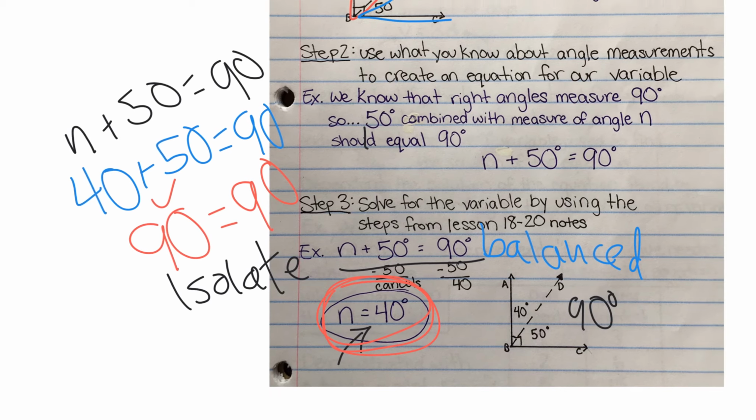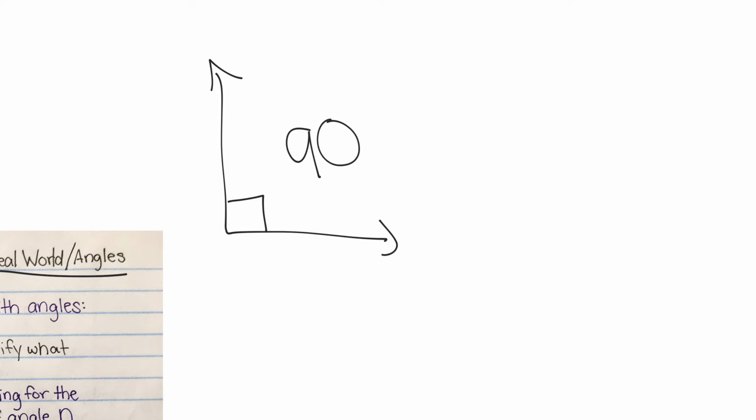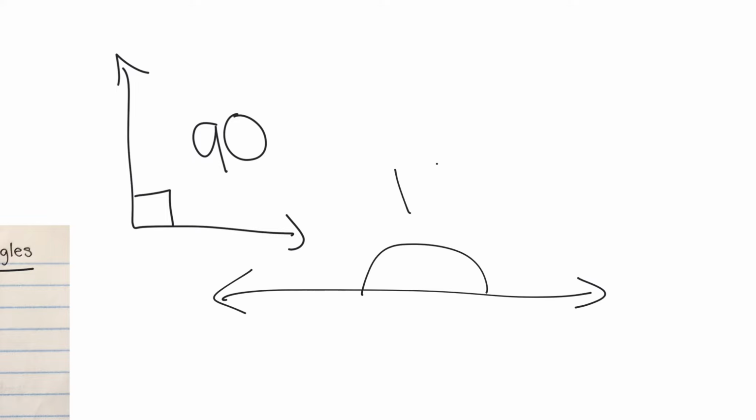Now, this probably seems pretty basic for some, but the kicker is we need to know that the measure of a right angle is always 90 degrees. And here are some more things we'll look at during our classwork. The measure of a straight angle, so a straight line, is always 180 degrees.